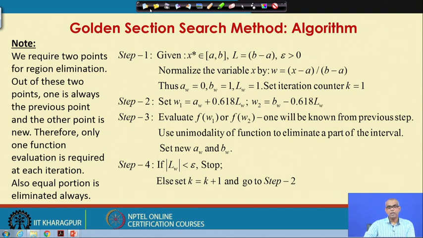Otherwise, we set k equal to k plus 1 and go to step 2, where you obtain two new points w1 and w2, but one of the points will be retained from the previous step. So, here also effectively we are doing one function evaluation at each iteration. Also note that an equal portion is eliminated at each iteration.